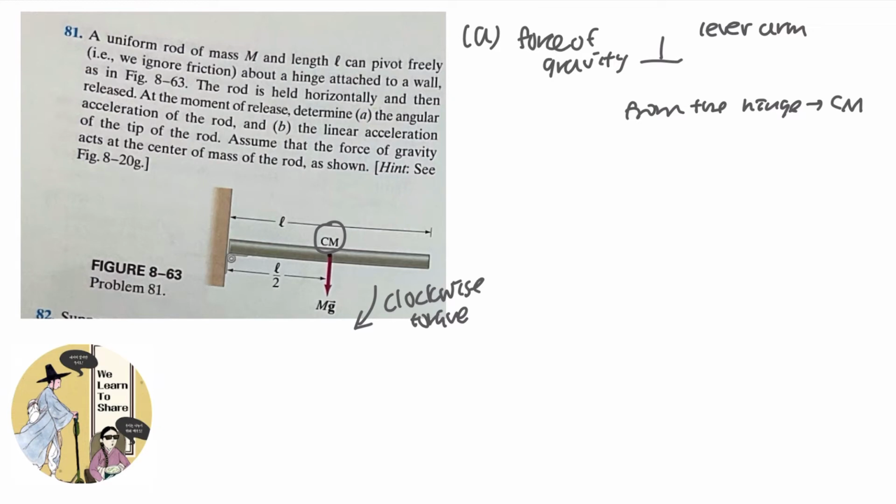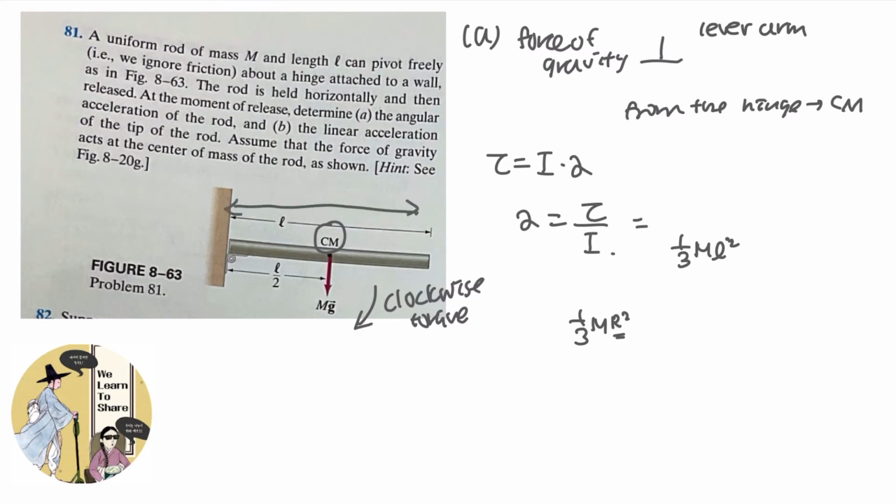So we're going to use the formula torque equals inertia I times alpha, the angular acceleration. If we rearrange this formula for alpha, it will be alpha equals torque over I. Here, we should remember that the inertia would be that of a rod about its end, which is 1/3 m L squared, because normally we would write it like this, and the radius here is L. So we write m L squared over 3, which is the I of the rod about its end.